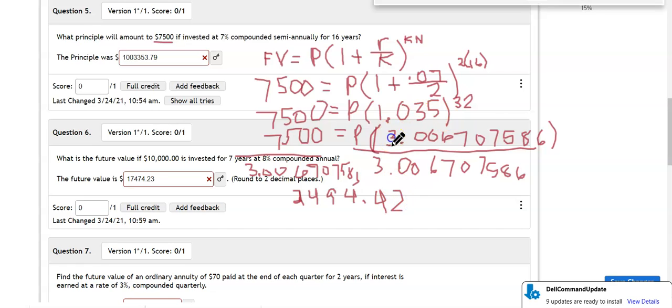And then, of course, over on this side, this cancels out, and we have P. And, of course, this amount is less than what we started with, which we should expect. But there we've got our initial principal. You might want to pause the video to write this down because I am going to erase this in a moment in order for us to see all of number 6.